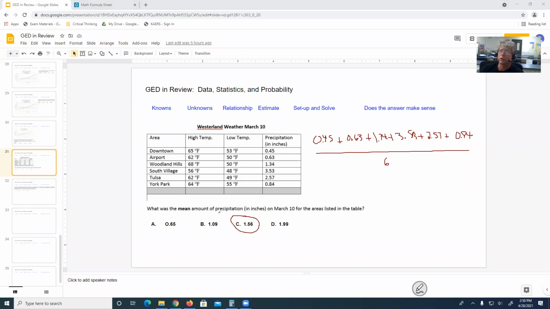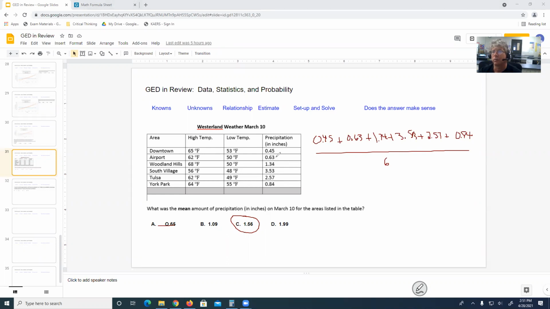Again, it's really hard to get an estimate, but we know the 0.65 doesn't really look that good because most numbers are above 0.65. So I could rule that one out, but the other three I'm not as comfortable with ruling out. So I really have to do the math, but the mean is kind of the middle value as well.